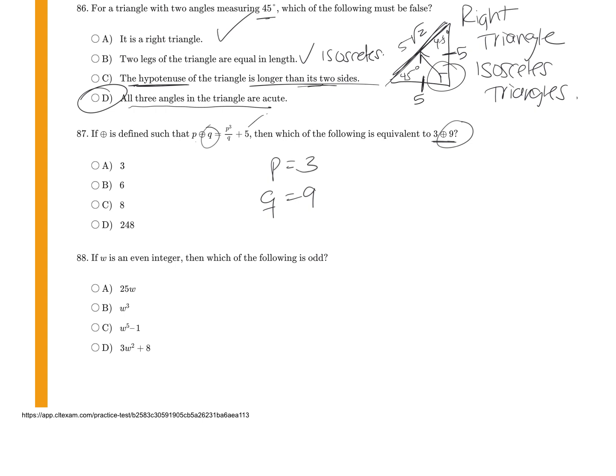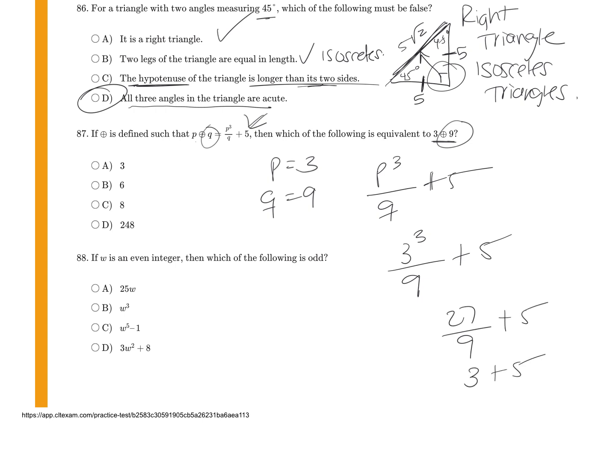Then we just take these numbers and plug them into the formula. So instead of P to the third over Q plus 5, we do 3 to the third over 9 plus 5. 3 to the power of 3: 3 times 3 is 9, times another 3 is 27. 27 divided by 9 plus 5. 27 divided by 9 is 3, plus 5 is 8.